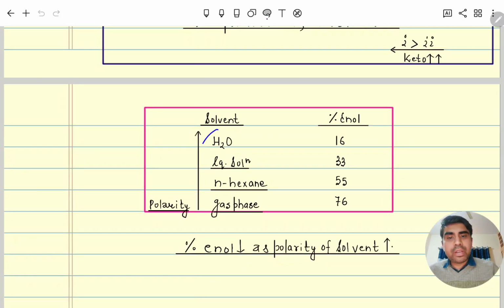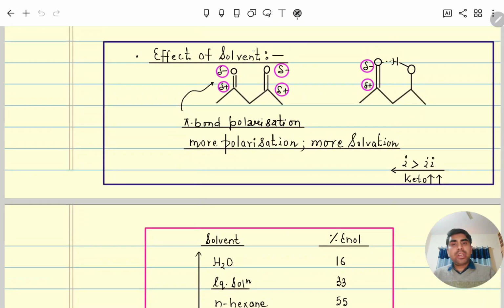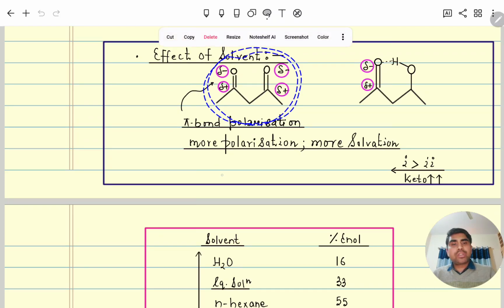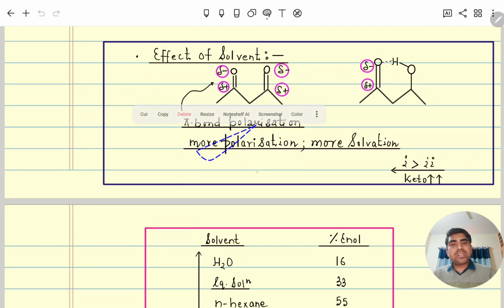If the solvent is water, in water the keto form will dissolve. Due to more polarization and more solvation, it will become stable in water, which means its enol percentage will be less.